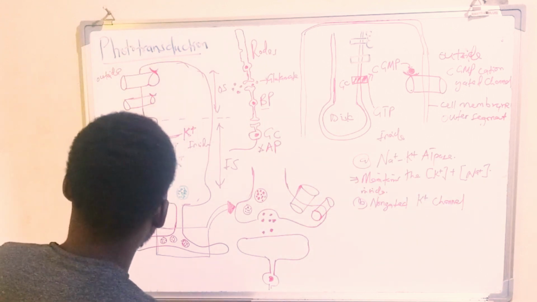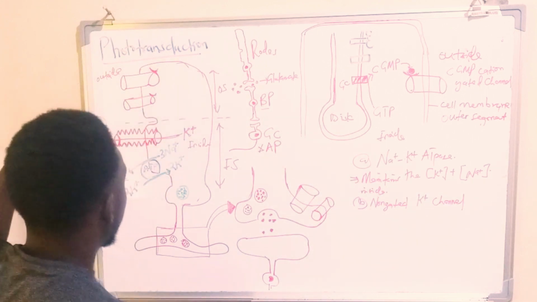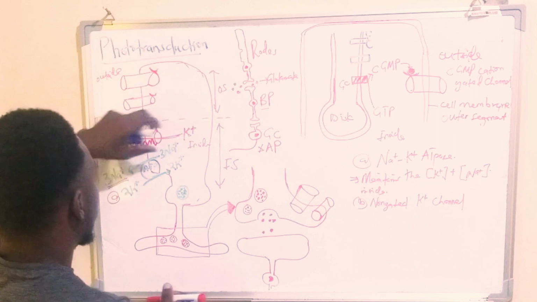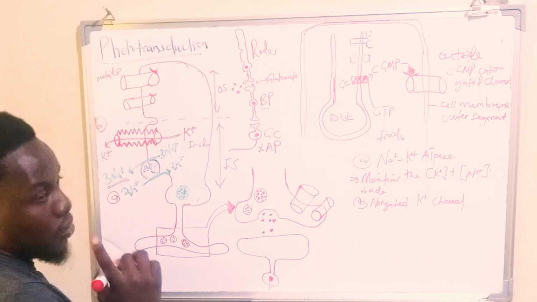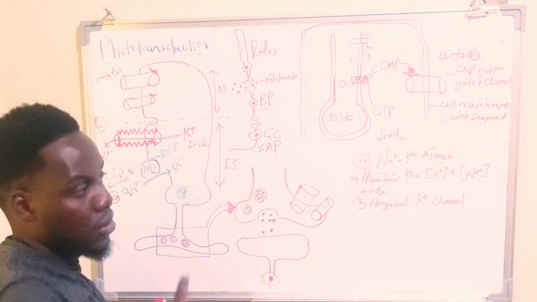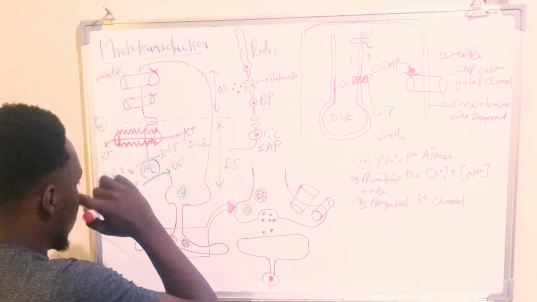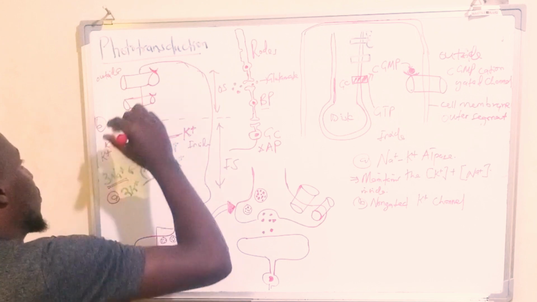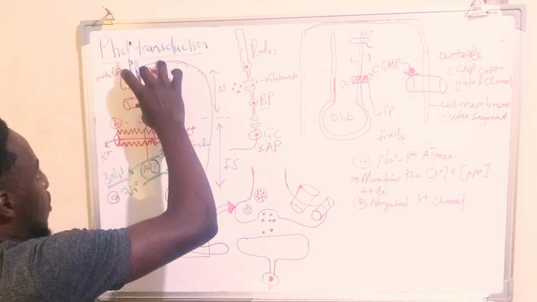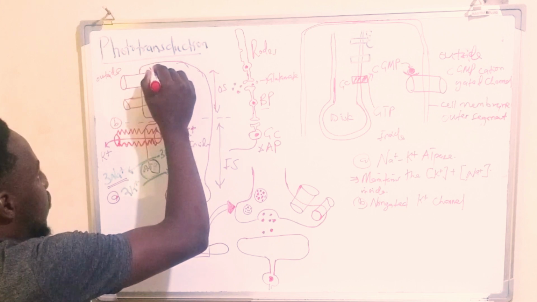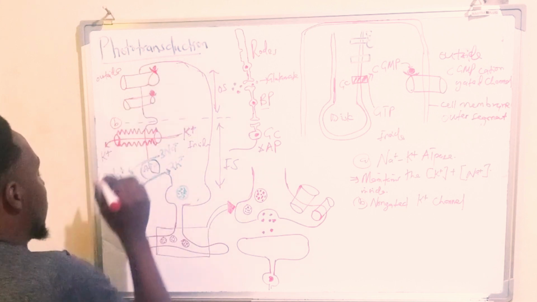Now, this leaking out of potassium, the efflux of potassium from the inside to the outside, opposes the sodium going back into the cell through these channels here. Remember, we said the cyclic guanosine monophosphate binds here, and these channels are open.